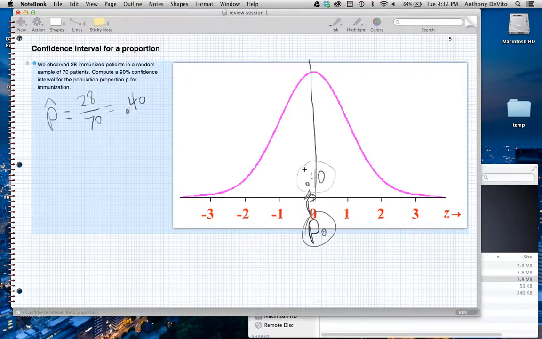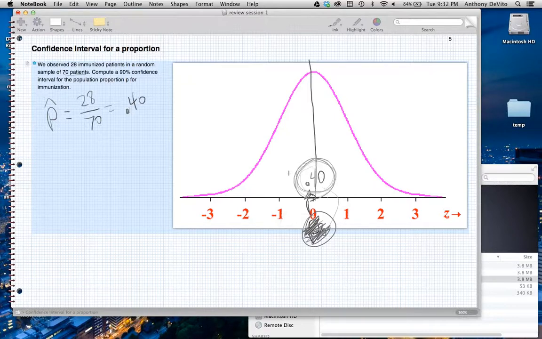I know that I took a decent sized sample, 70 people, and I'm pretty confident that the real population proportion, P0, is pretty close to my P cap of 0.40. But I'm never going to actually know this. This is not something that I'm capable of knowing unless I go out and check every person in the country, for instance, and see if they're immunized. So I'm not going to know that, right? So I'm guessing at that. Well, I think this is a good approximation of it.